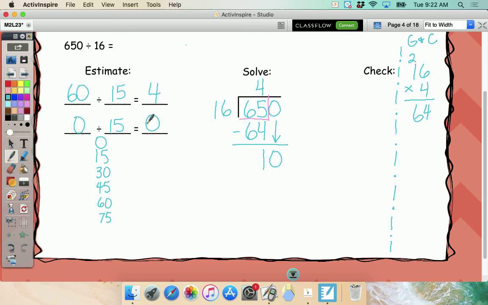The number closest to 10 without going over is 0. So what number did I bring down? 0. And that's where I write it. You can do this one of 2 ways. Zern is going to have you go ahead and write the 0 and subtract it. But am I okay with just writing remainder here? Yes.